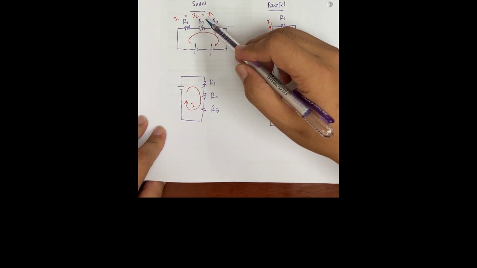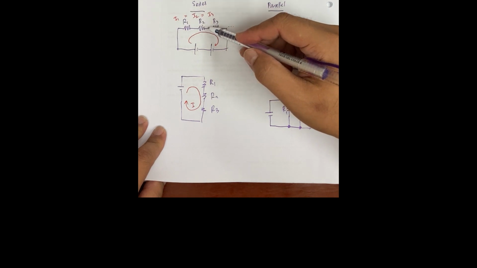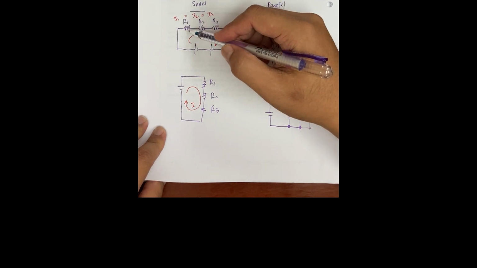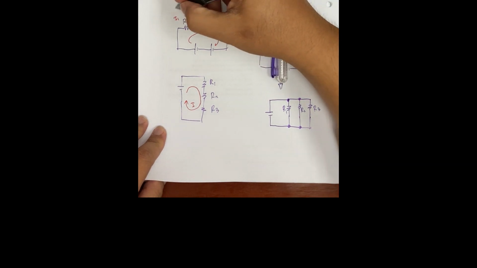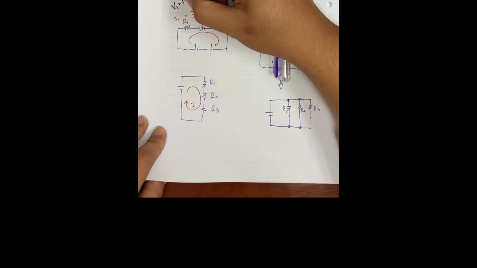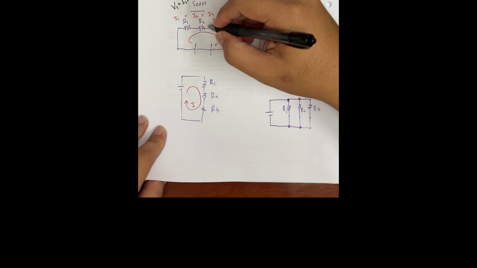So I1, I2, I3 are the same. The difference will be in voltage. We know that V is equal to IR, so V1 will be equal to I1 times R1.